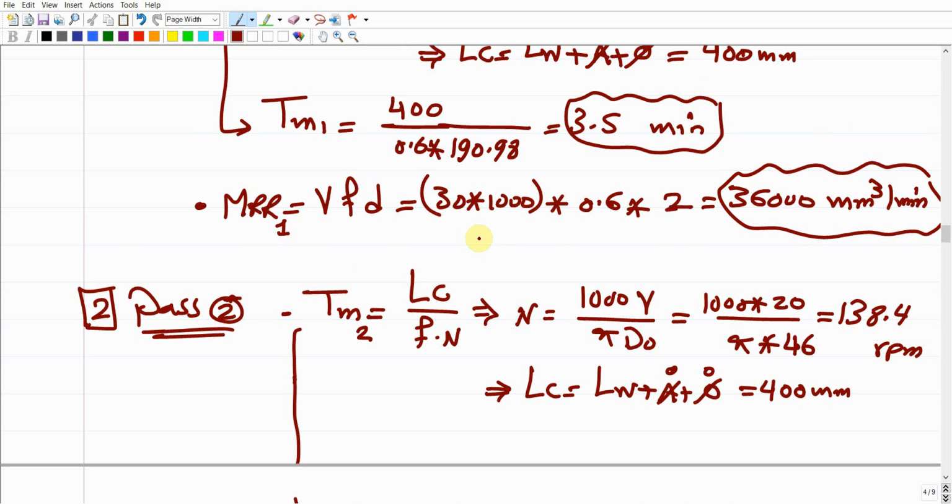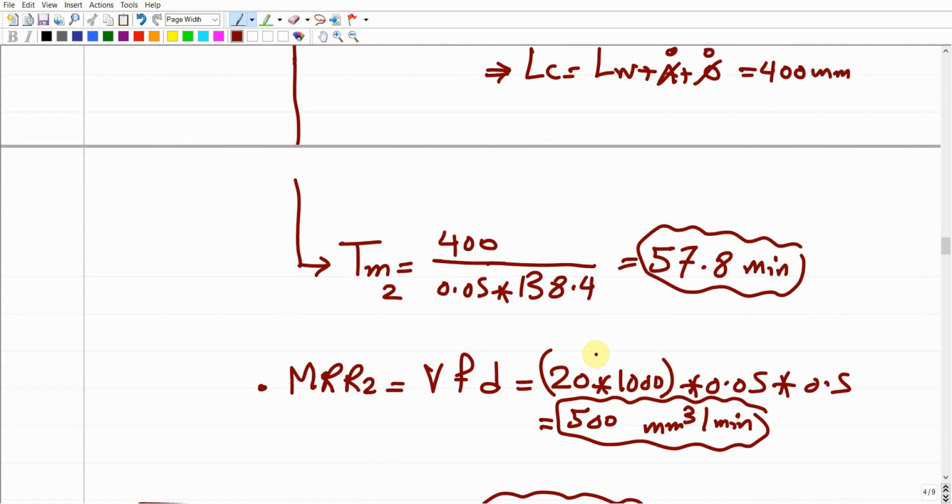It means that we are using a very high rate of meter removal in the first pass, and in the second pass we are using a different rate, and the rates cannot be added. We cannot add the meter removal rate 1 to 2 to end up with a total meter removal rate. We can calculate an average between both of them, which is also not practical, and we are not doing this. Why? Because there is no physical meaning to the new value.